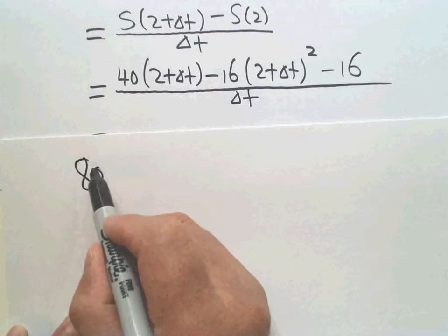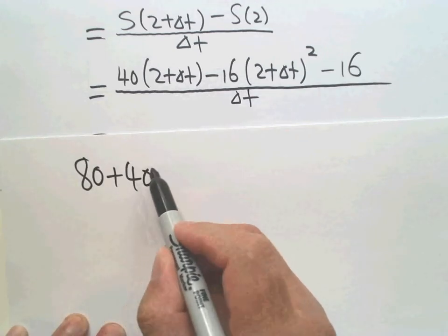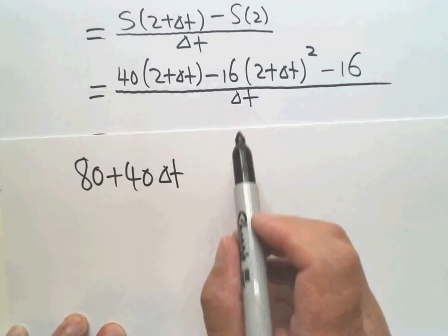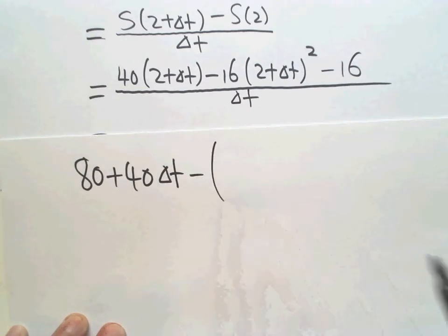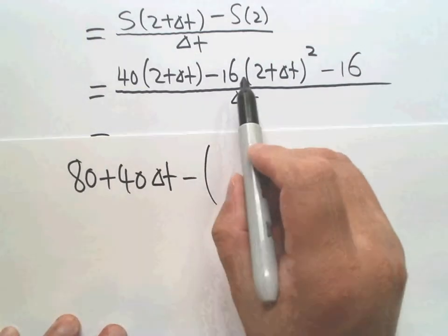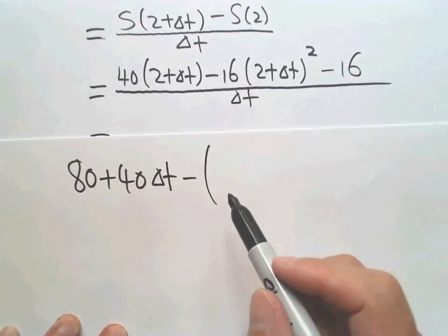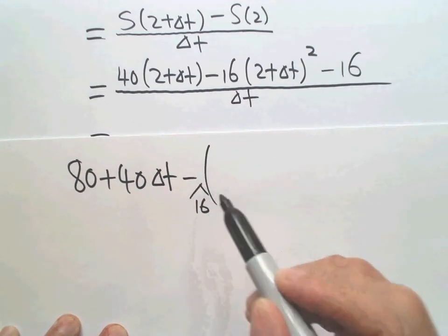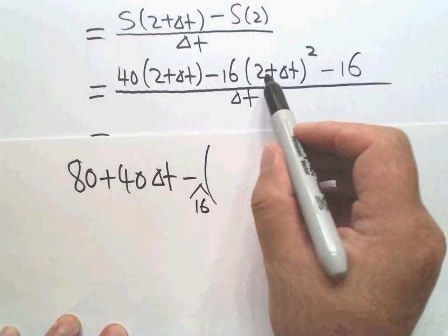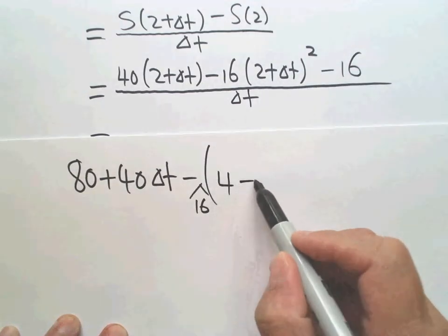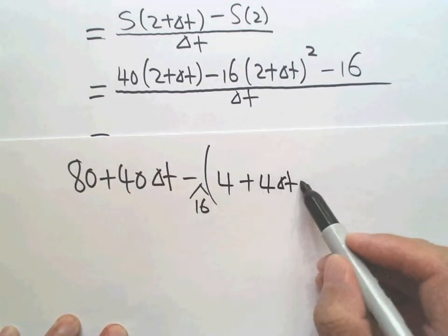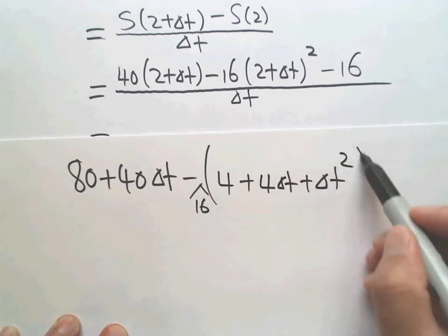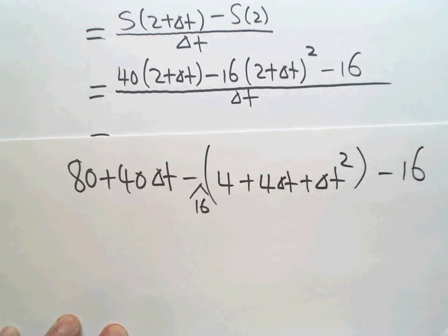40 distributed, which means we get 80 plus 40 delta t, right? Minus, okay, we have a parenthesis, don't miss it. This is the perfect square. Let me write one more step. So 16 is the upper here, and I expand this perfect square, which is 4 plus 4 delta t plus delta t squared.